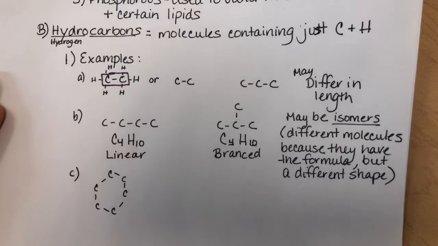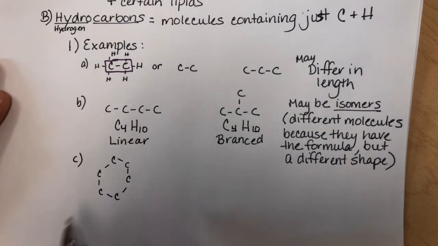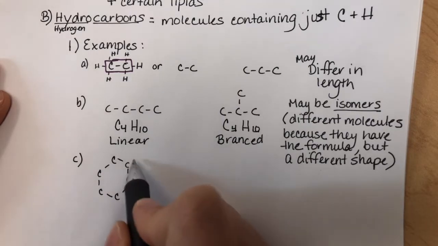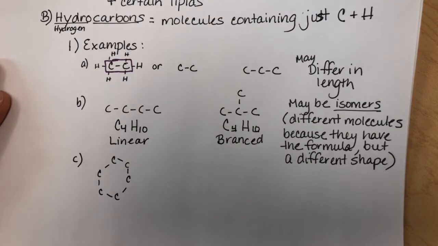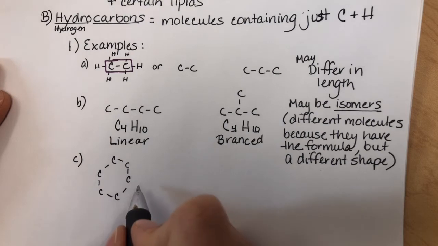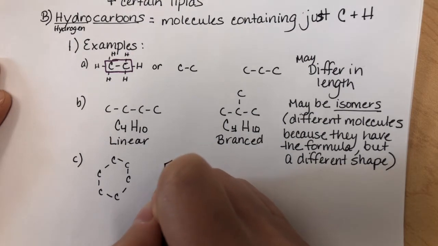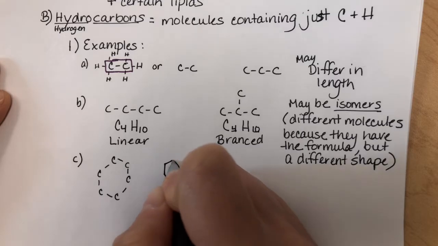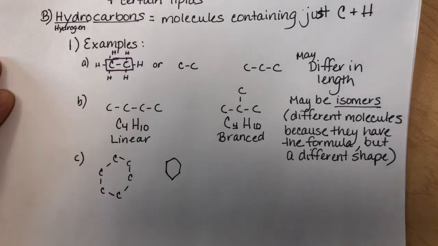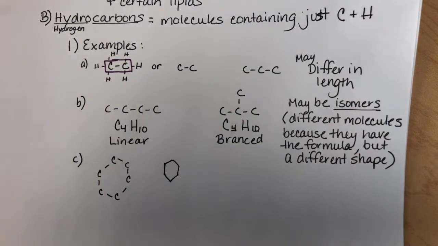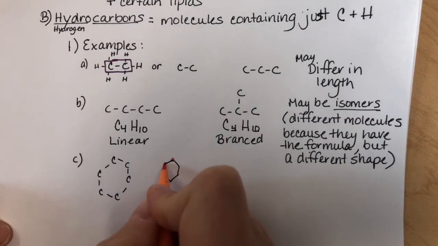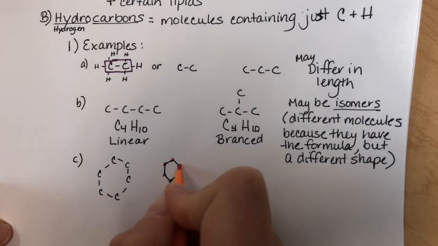All right, and so it may be rings like that, and then you'd put hydrogens off of those. Sometimes you'll see the ring shape of a carbon like this, where at each point would be a carbon atom.